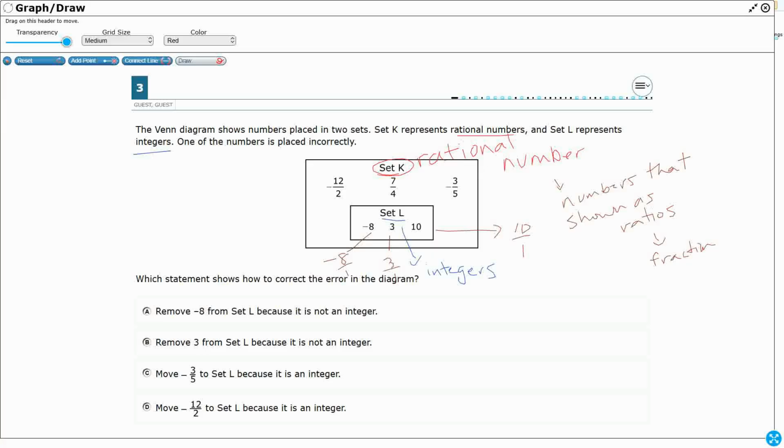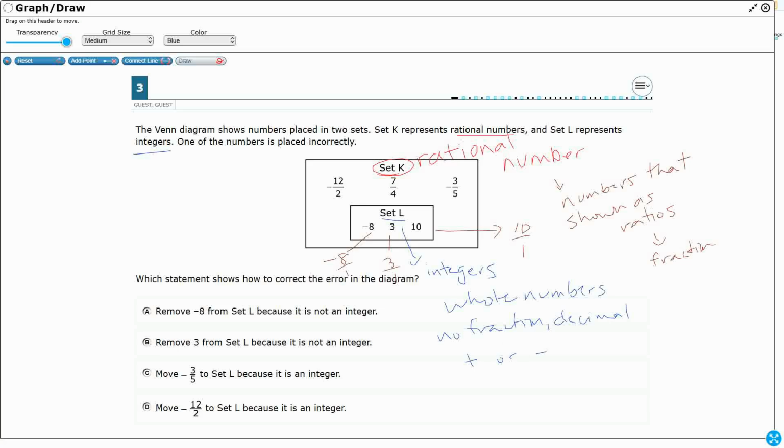But typically what we'll do is put it in the integers box. Integers are whole numbers that are either positive or negative. If it can only be represented as a ratio or a fraction, then we'll stick it outside of set L and put it into set K. Integers, on the other hand, are whole numbers, so no fraction, no decimal, and it's going to be either positive or negative.